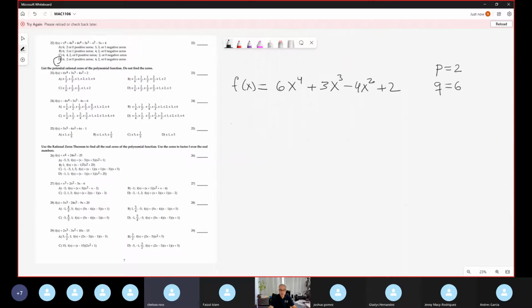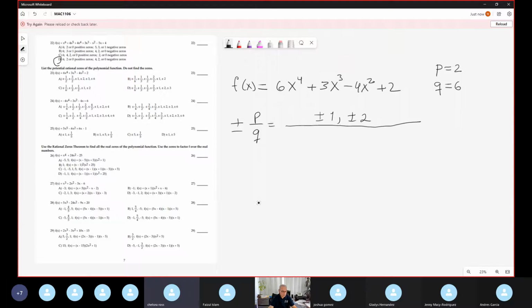The theorem says that the prediction is plus or minus P over Q, and you try to analyze every combination. So the factors of P, which is 2, are plus or minus 1 and plus or minus 2.